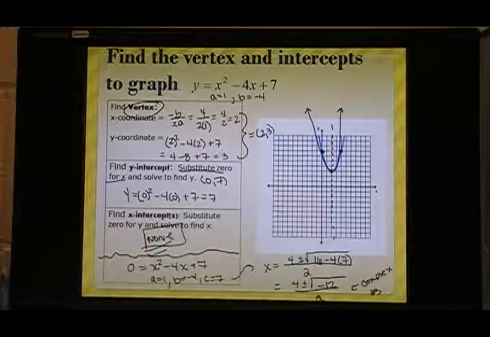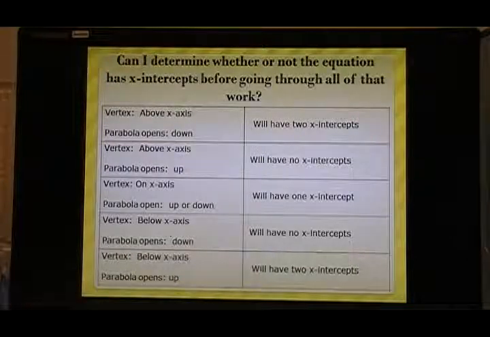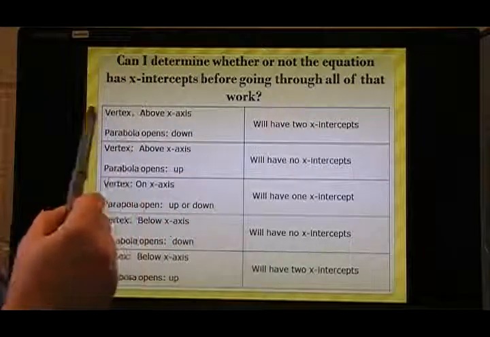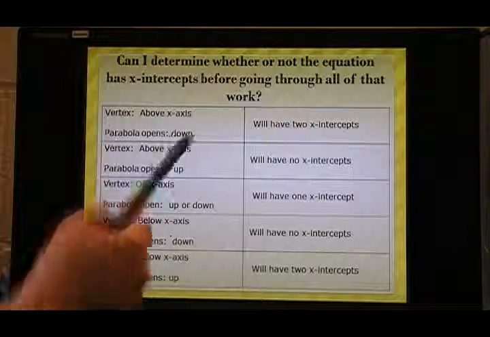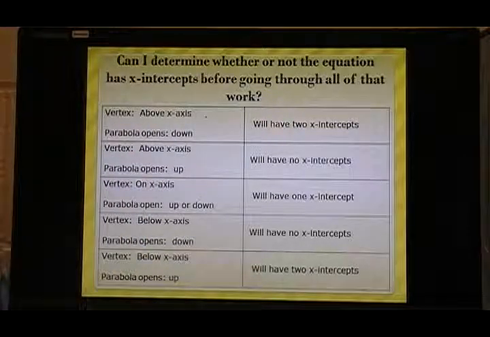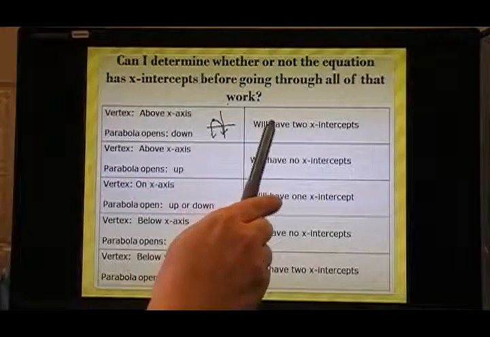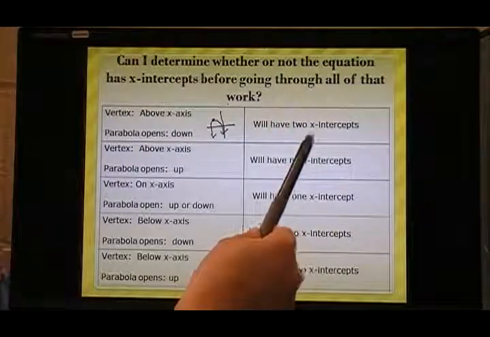So in general, when you're working with quadratic equations and you're trying to decide whether or not you're going to have any x-intercepts, if it'll be 1, 2, or none, if you're dealing with a situation where your vertex is above the x-axis and the parabola opens down, then that parabola has to cross the x-axis twice, which means it's going to have 2 x-intercepts.